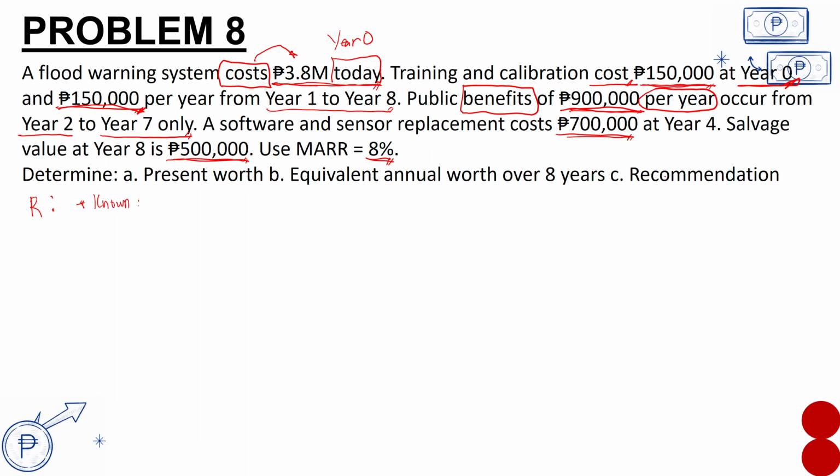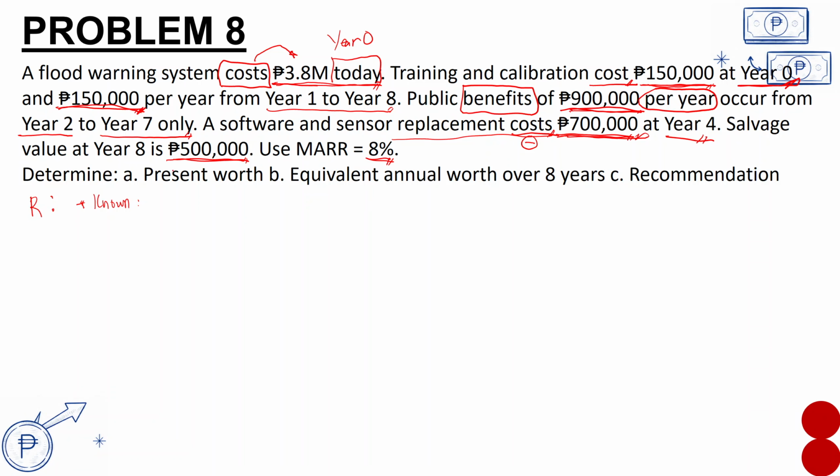And we have also our 700,000 pesos. The 700,000 pesos is a cost. And this is a negative cash flow. This is a replacement cost. It means that money is going out from the pocket. And the timing is at year 4.